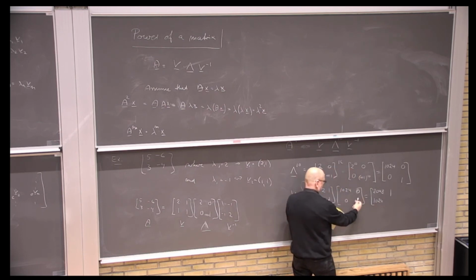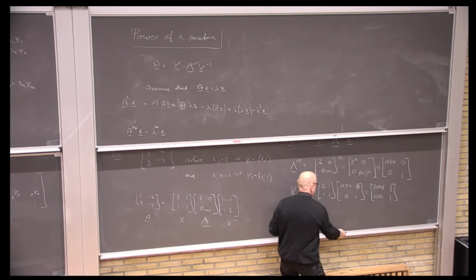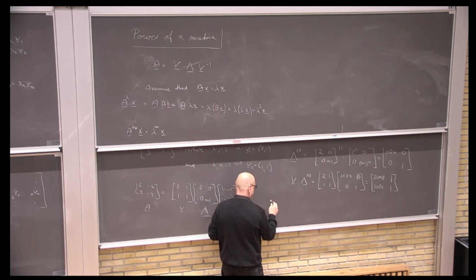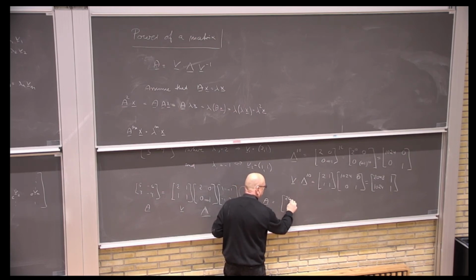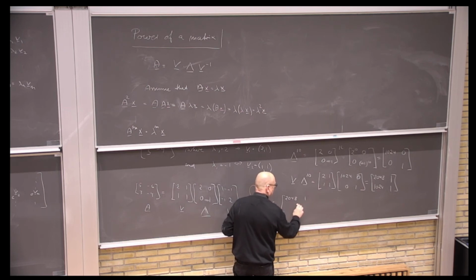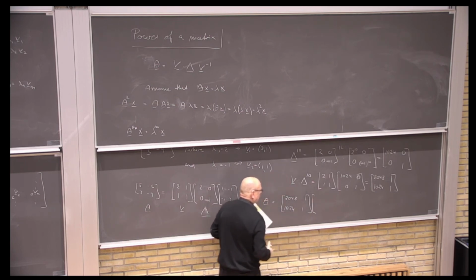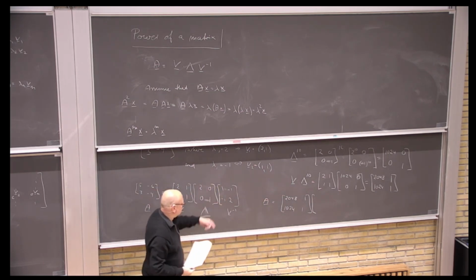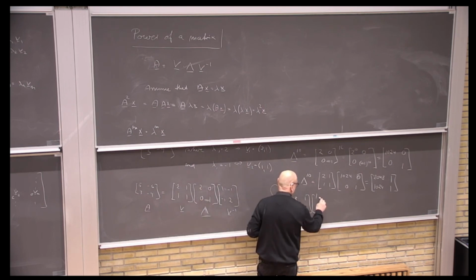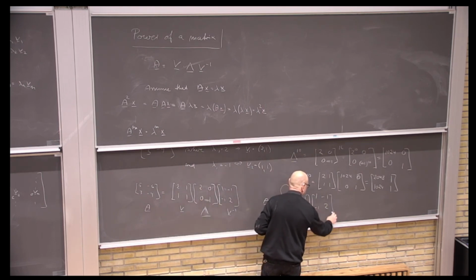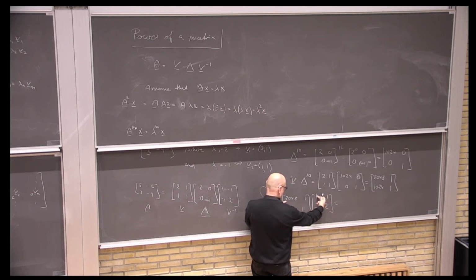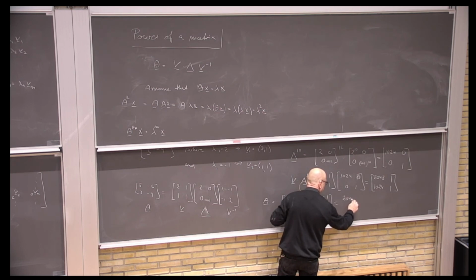Then I have to multiply this result with the inverse of this matrix here, so that is 1, minus 1, minus 1, 2, and you get 2047.